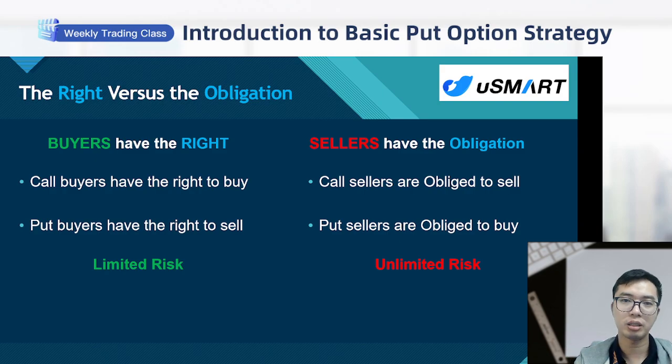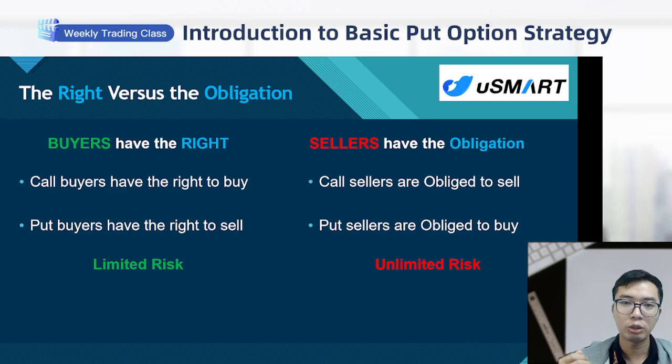The call or put buyers always have limited risk, whereas the call sellers and put sellers always have unlimited risk. Alright, so I think this is the basic concept of call and put options.